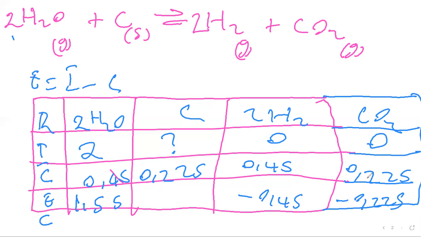Now, if we want to find the concentration, C is equal to n over V. So this divided by 2, this divided by 2 is equal to, this is 0.5, this is 0.25.